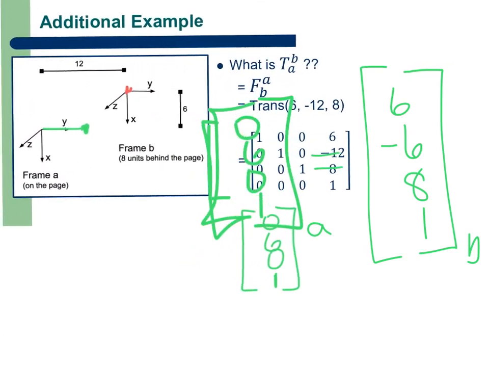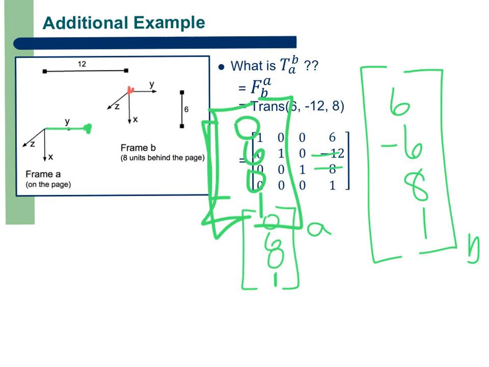We were working on this point, which we said was at 0, 6, 0, 1 in A coordinates, and in B coordinates, the X, the up down, is indeed going to be 6, right?